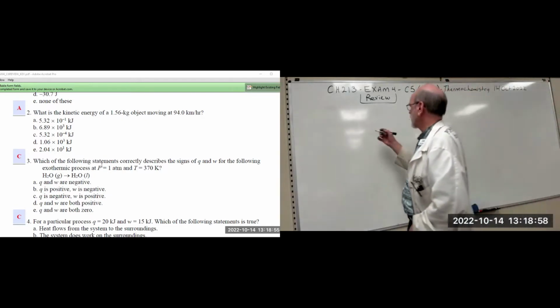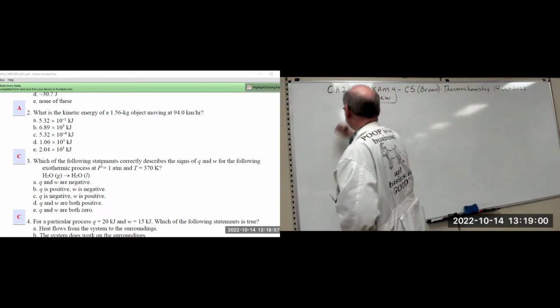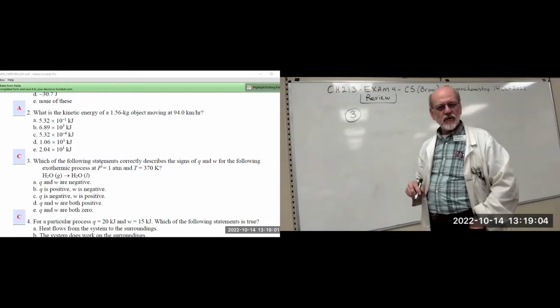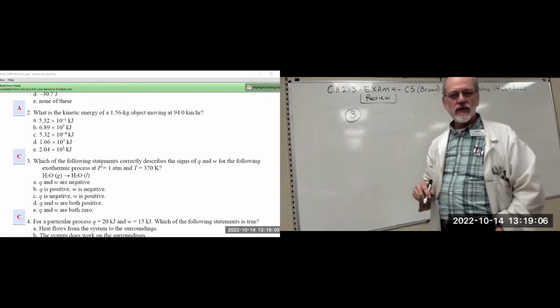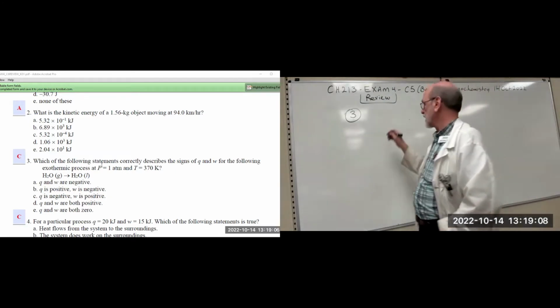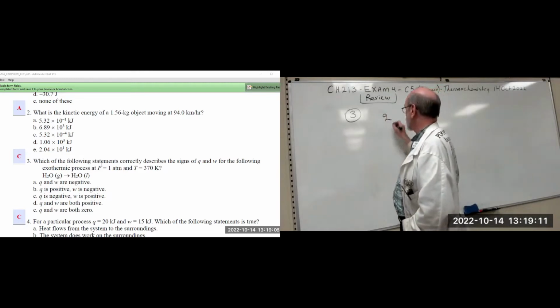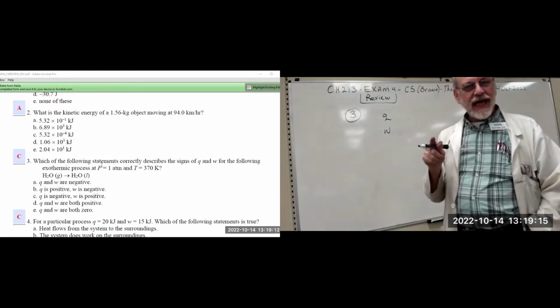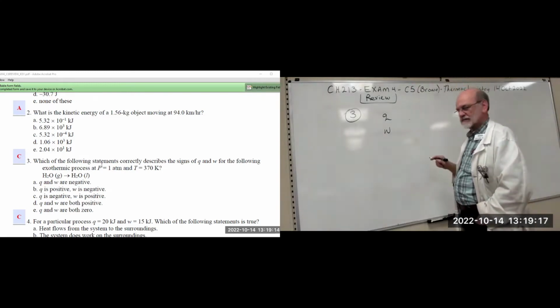Let's go ahead and do 3. Which of the following statements correctly describes the signs of Q and W for the following exothermic process?